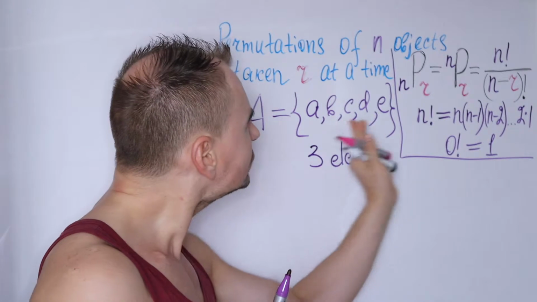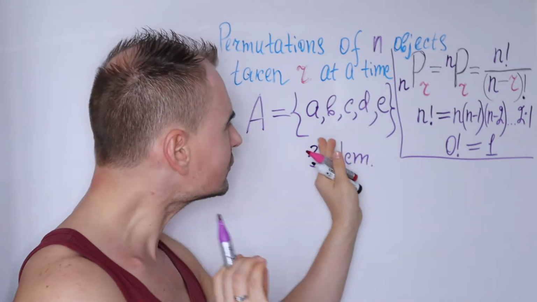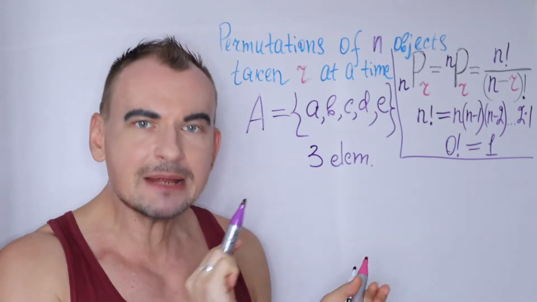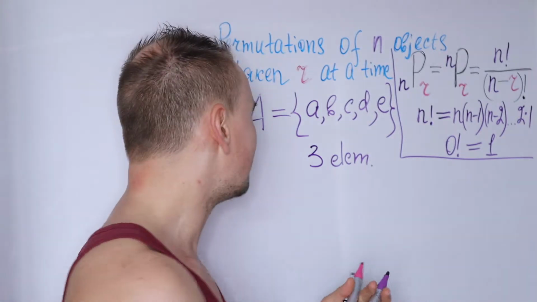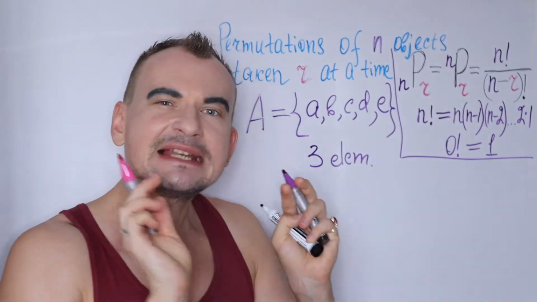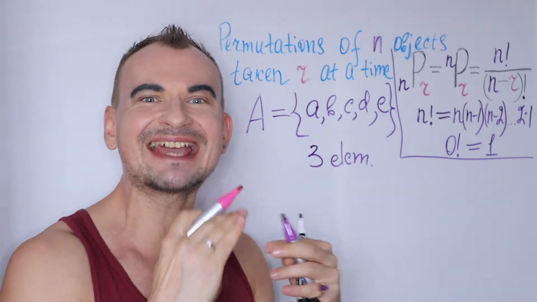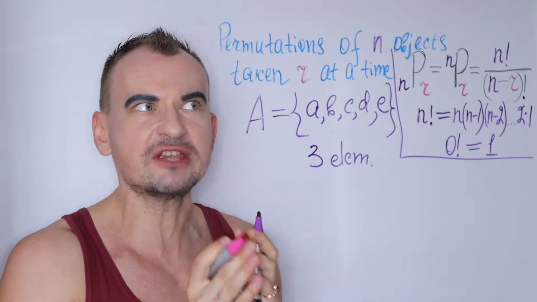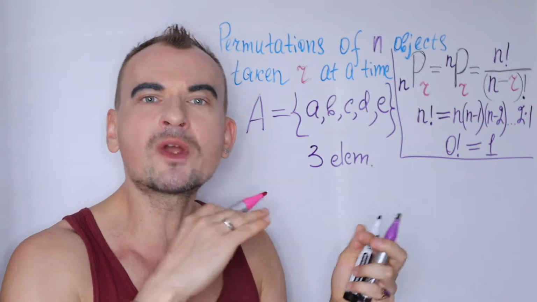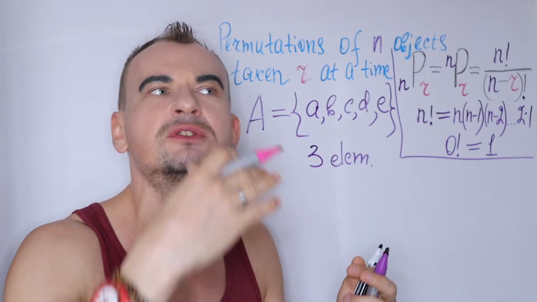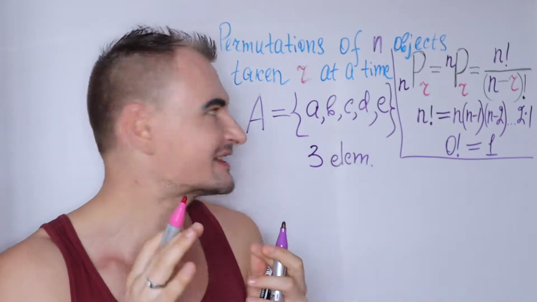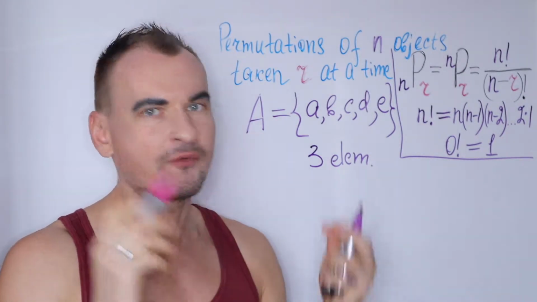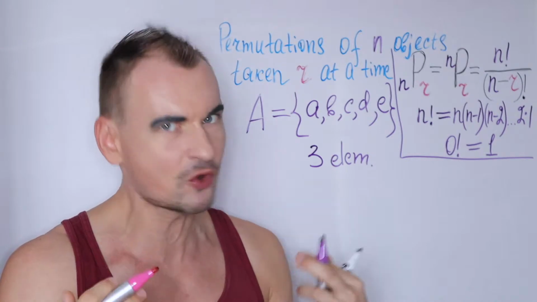Now, let's get back to this. I'm going to select 3 elements in a particular order. It's not basically a set in terms of set theory, because from the point of view of set conception, the order in which the elements of a normal set are listed does not matter.